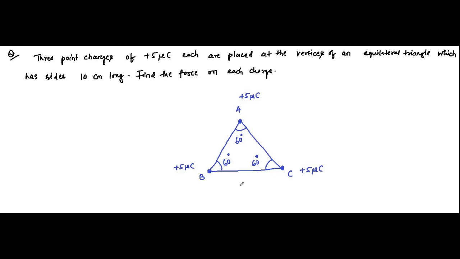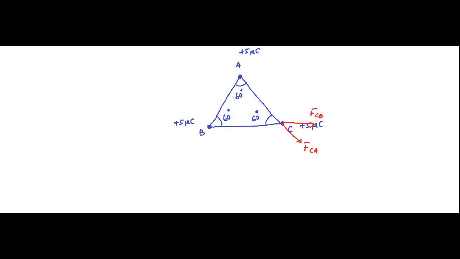First one is FCA, the force between charge placed at A and charge placed at C. Another force is FCB, the force acting between charge placed at B and charge placed at C. So it is like this: point C, plus 5 microcoulomb, this is FCB, and this is FCA, and this angle is also 60 degree, because these two angles are always equal. So this is also 60 degree.